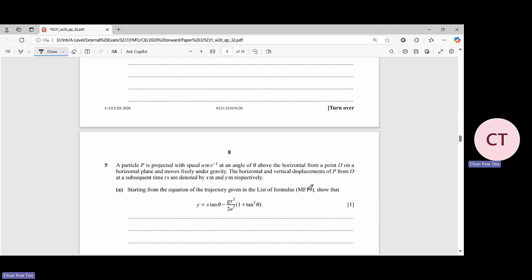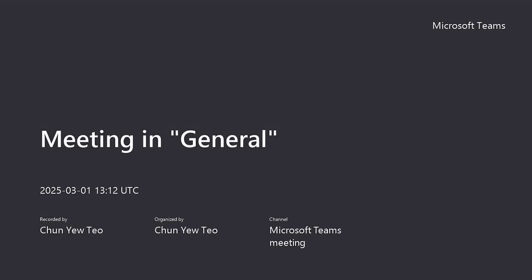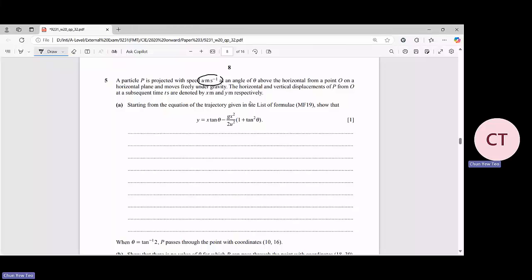So we're moving on. Question number 5. Point O on the horizontal plane and move freely under gravity. The horizontal displacement of P from O at the subsequent time t seconds are denoted by x meter and y meter respectively.